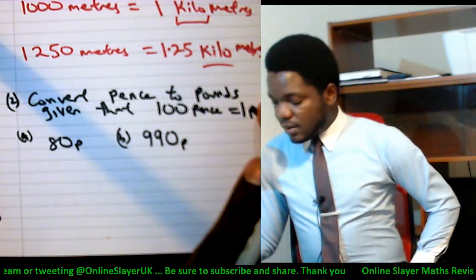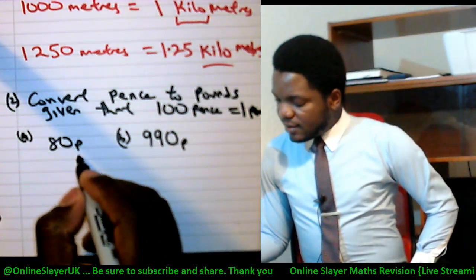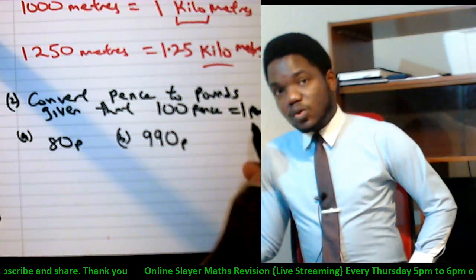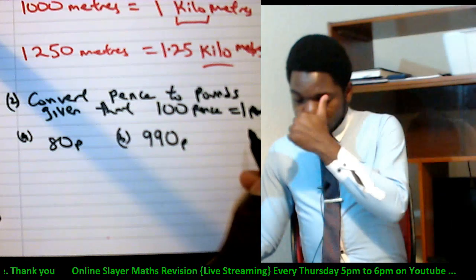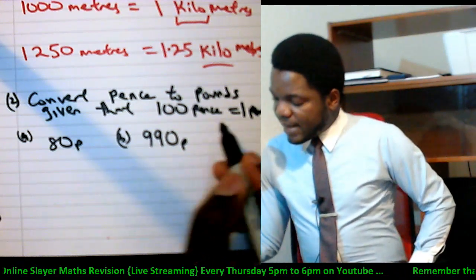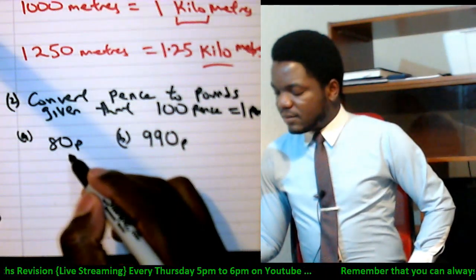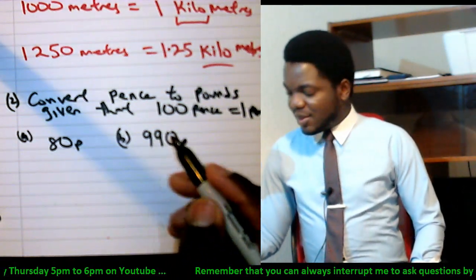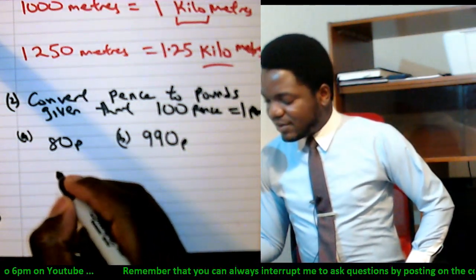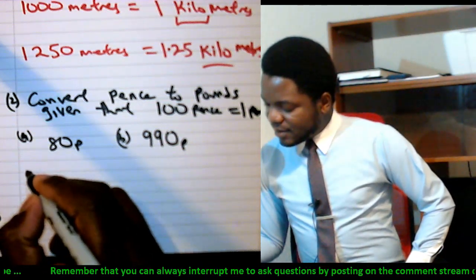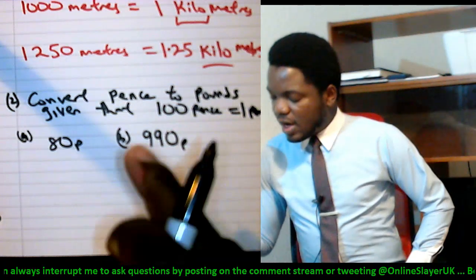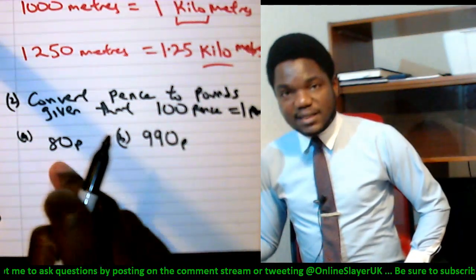Given that 80p is not even up to 100 pence, so it's not going to be up to 1 pound. So the question is, how many pence? How many pounds? Well, the question is, how do we do that, right? So basically, this is a very funny question, really. What you need to do is to find how many pounds you've got, or how many 100 pence you've got in 80p.